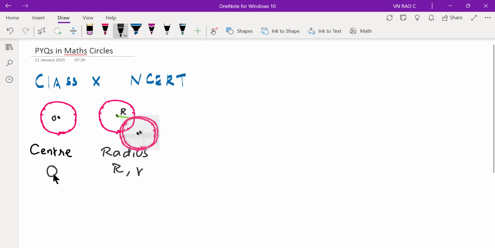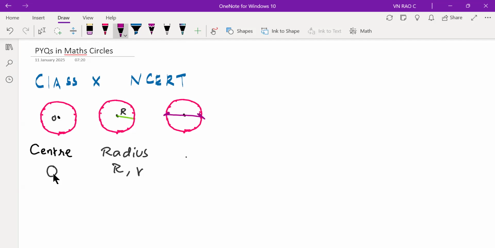Again, let me take the circle here. Now let me draw a line passing through the center and extending to both ends of the circle. This is one end of this straight line, and this is the other end.